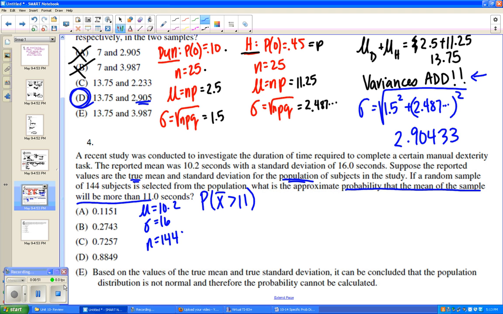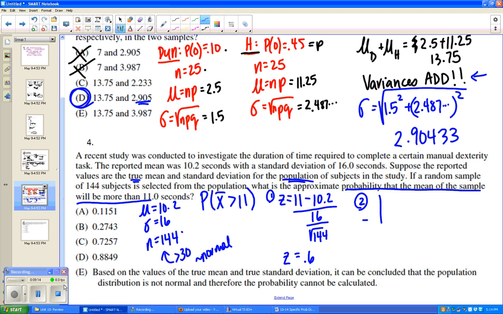Well, since this is greater than 30, we know our data will be nearly normal. We're talking about means. So first thing we start with is a z-score. 11 minus the mean of 10.2, divided by the standard deviation. But since we have that n, we need to take that into consideration and divide by the square root of n. So we get our standard z-score to be 0.6.